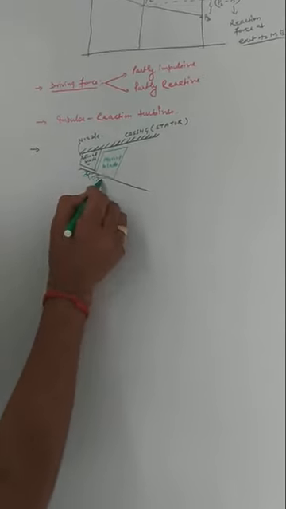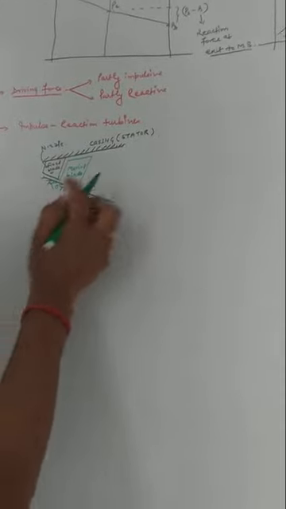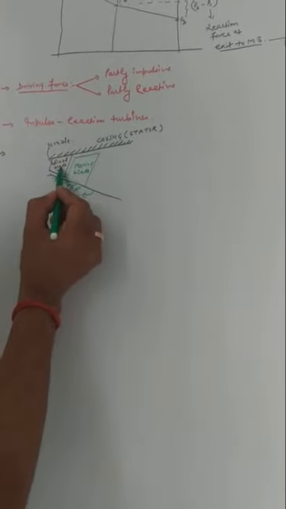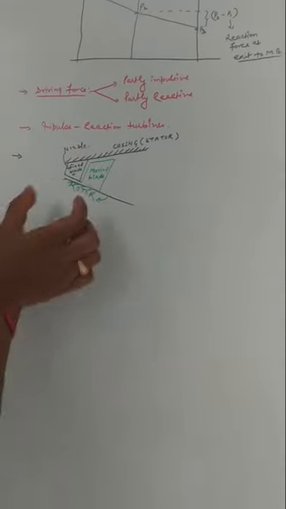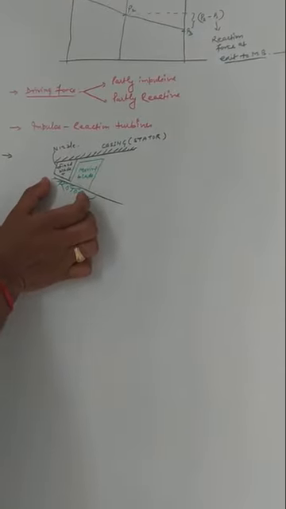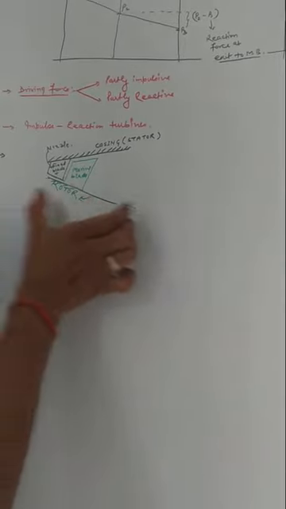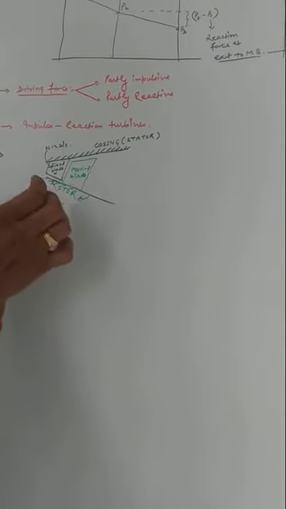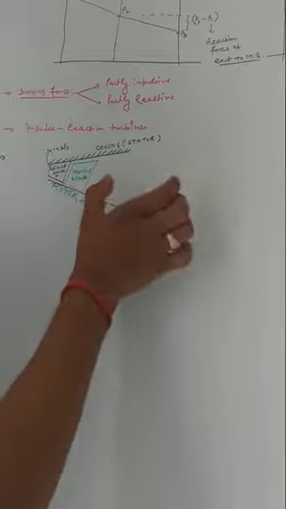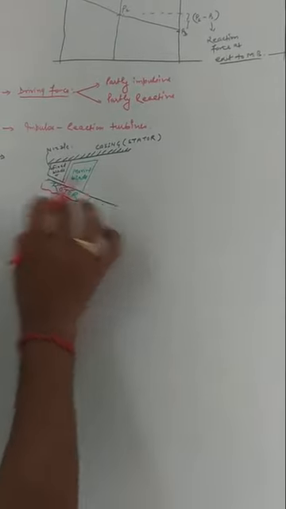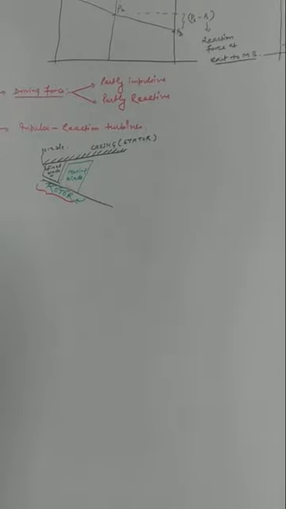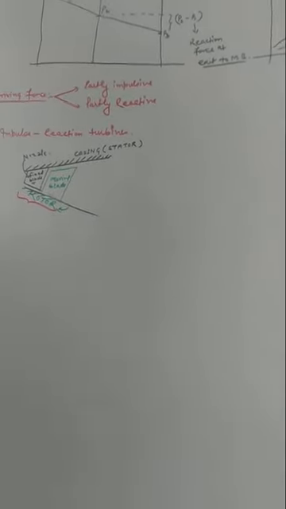On the rotor, moving blades are arranged, and on the casing or stator, the fixed blades or nozzles are arranged. Okay, this is one stage, and in this fashion, there are various fixed blades and moving blades arranged. This is one stage. Similarly, these blades are arranged in this fashion.